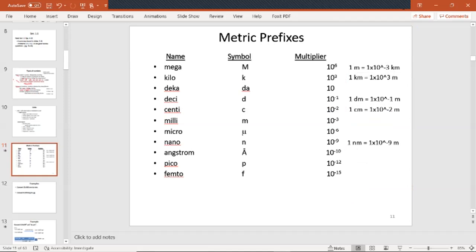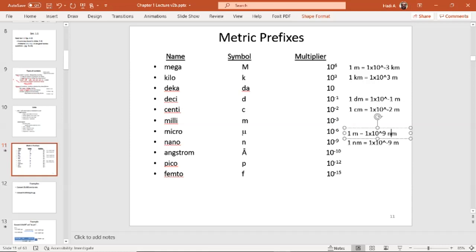Likewise, if we define 1 meter, it would be 10 to the 9th nanometers. It doesn't matter which of these conversion factors you use, as long as you pick one, it's just going to dictate which one goes on the bottom in your conversion factor and which one goes on top.